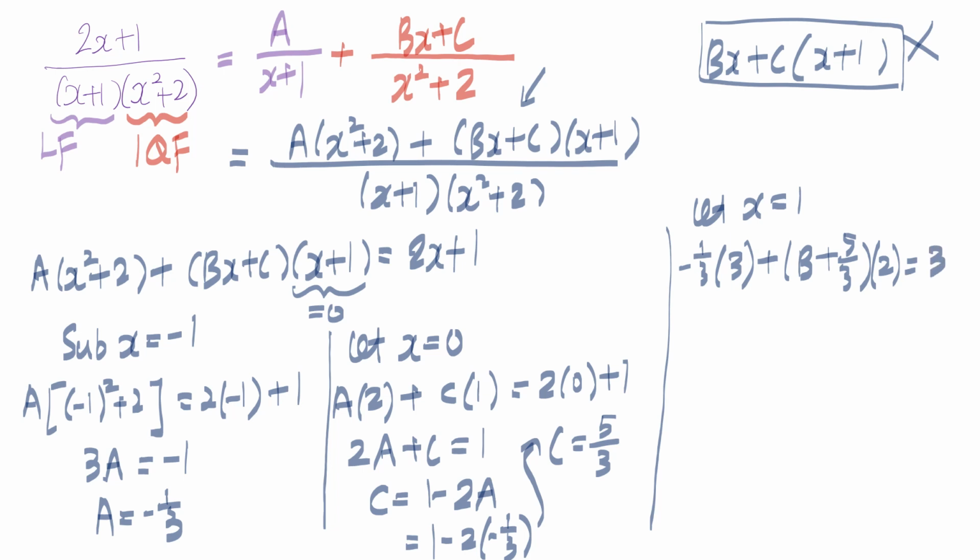So we can simplify further. One third times 3 is 1, so 3 plus 1. So b plus 5/3 will be 3 plus 1, 4 divided by 2, 2. b will be 2 minus 5/3, which gives you 1/3.